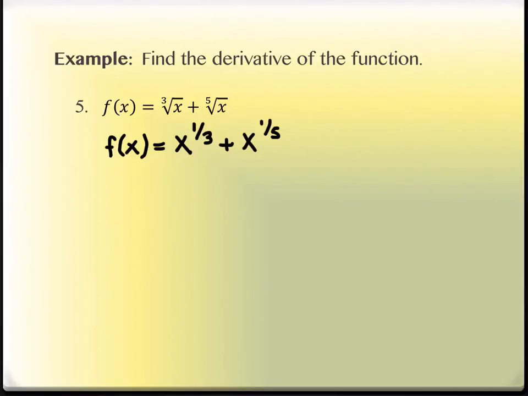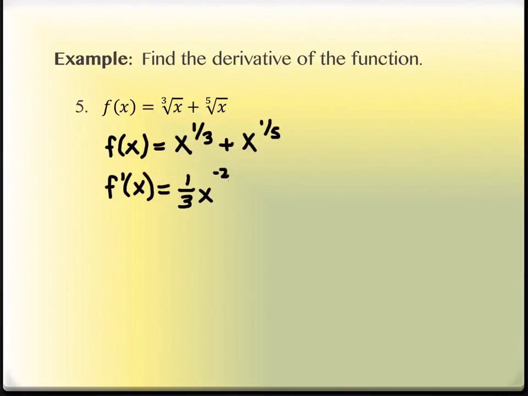Now, in spite of the fact that maybe you don't like fractions nearly as much as whole numbers, it looks like the forms of things we can deal with, right? Okay. So let's deal with it from that perspective then. What is the derivative of x to the 1/3? Negative 2/3.